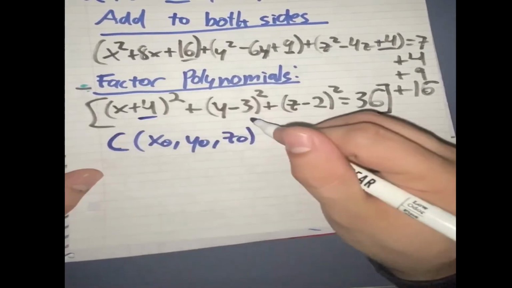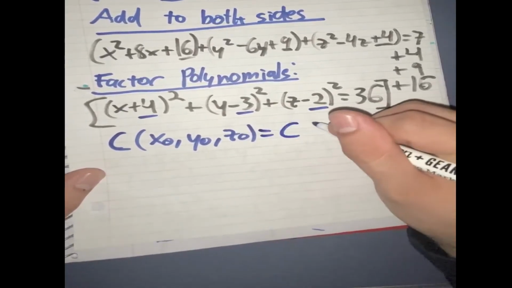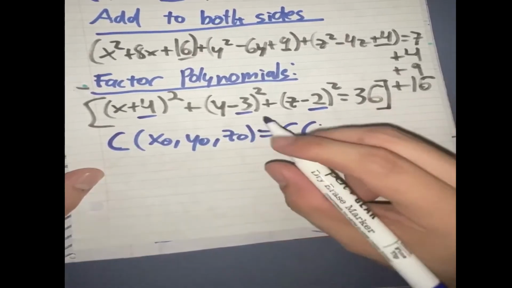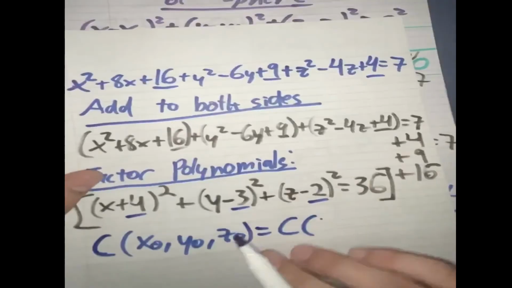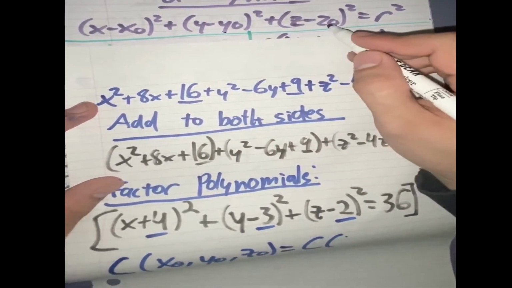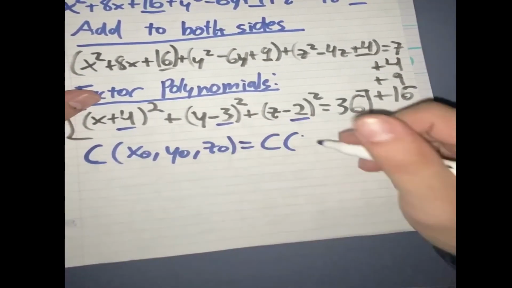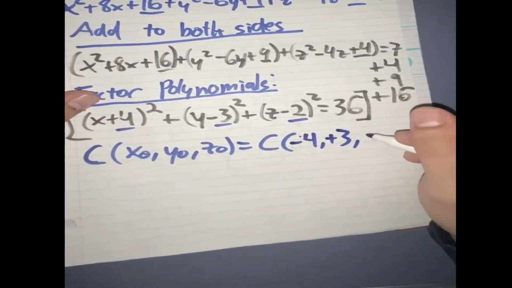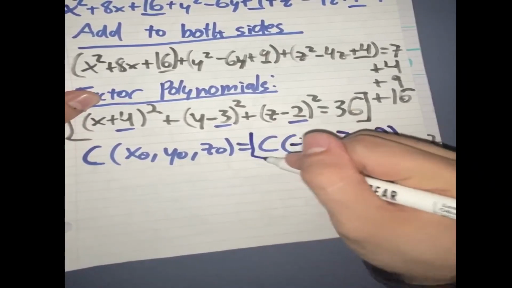So our center would be equal to, remember we have to flip the signs, because the equation of a sphere is x minus x naught, y minus y naught, z minus z naught is equal to r squared. So we have to flip these signs. So it would be minus 4, plus 3, plus 2. So this is equal to our center.